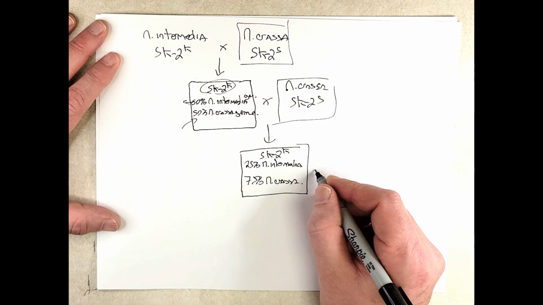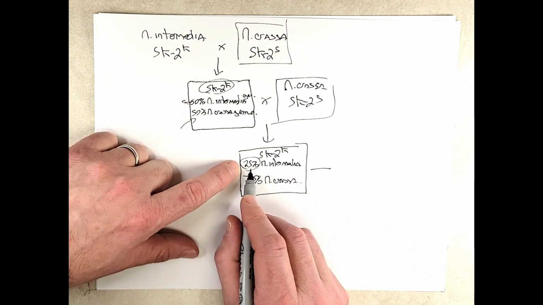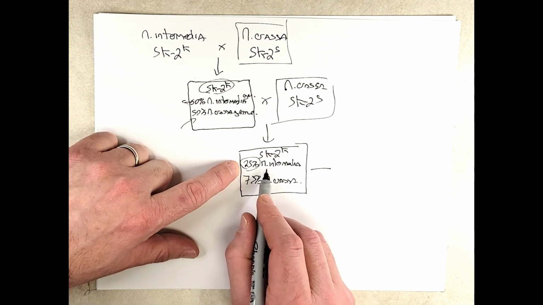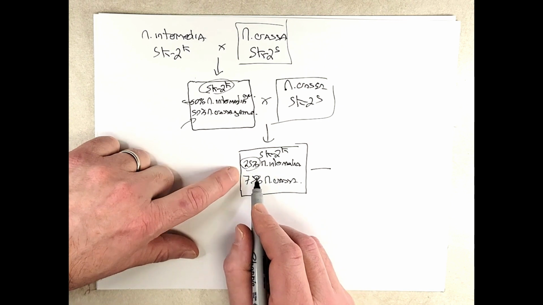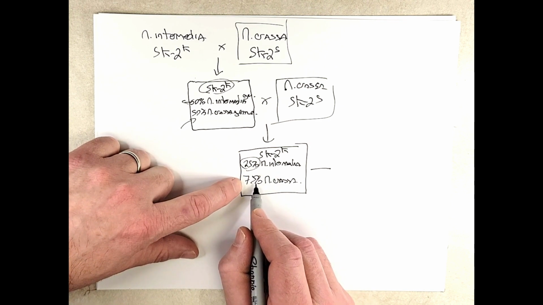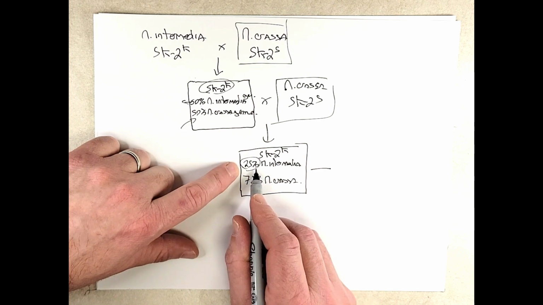And so we do this time and time again. Every time we're cutting the percentage of N. intermedia DNA in the genome by 1/2, and increasing the percentage of N. crassa DNA by the equal amount.